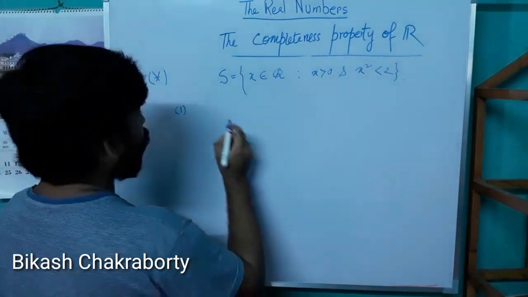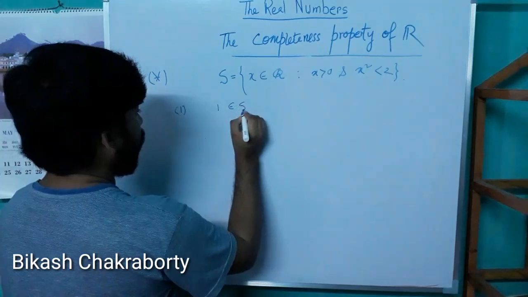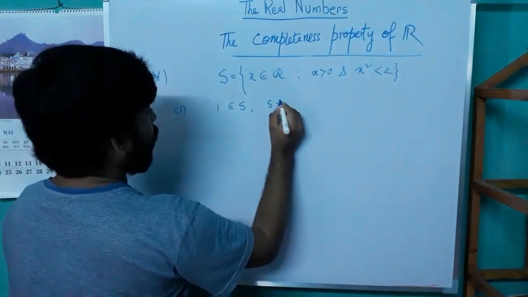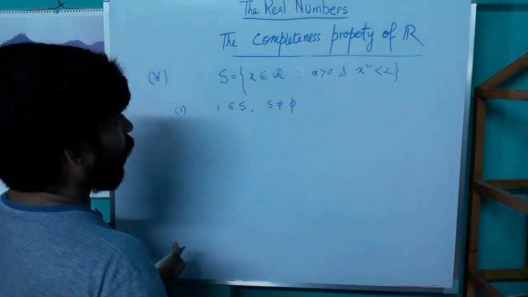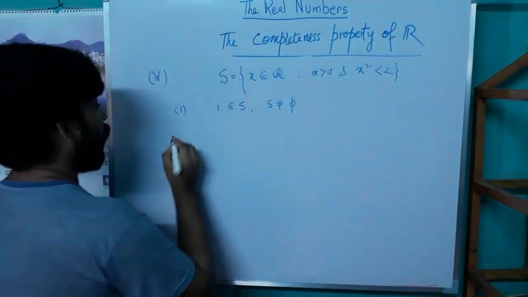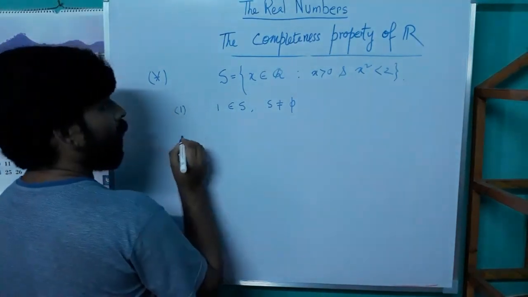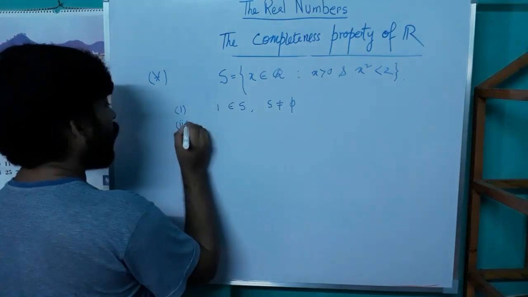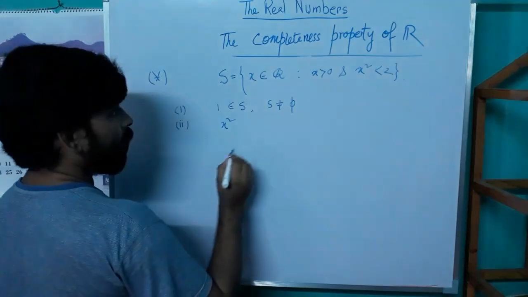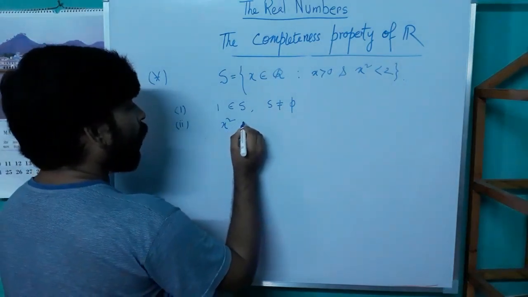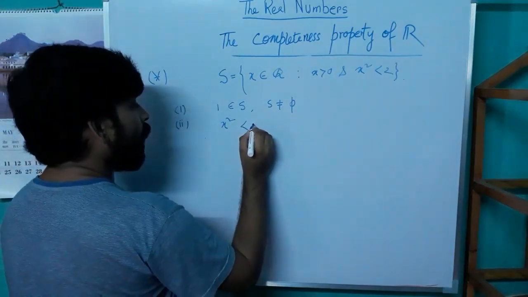Why? Because 1 is there. So the set is non-empty. The second observation is the set is bounded above, because the square of every element is strictly less than 2.